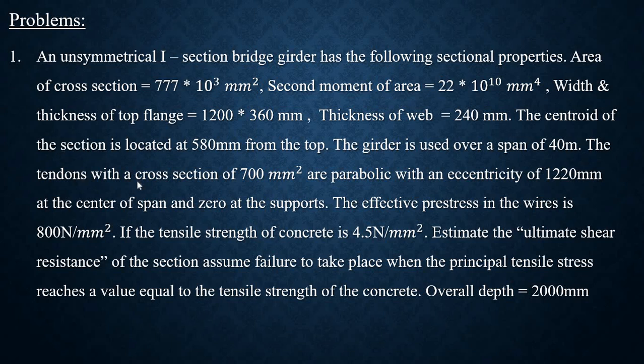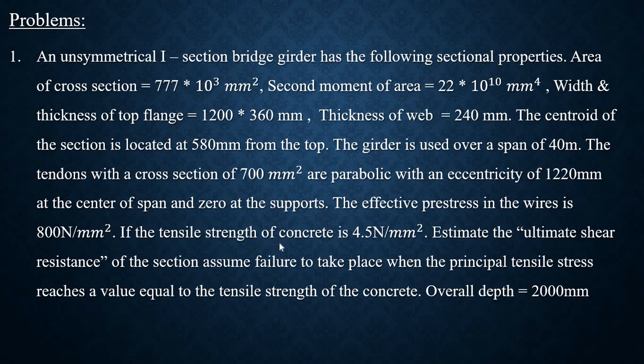The tendons with a cross section of 700 mm square are parabolic with an eccentricity of 1220 mm at the center of the span and 0 at the supports. The effective pre-stress in the wires is 800 Newton per mm square.